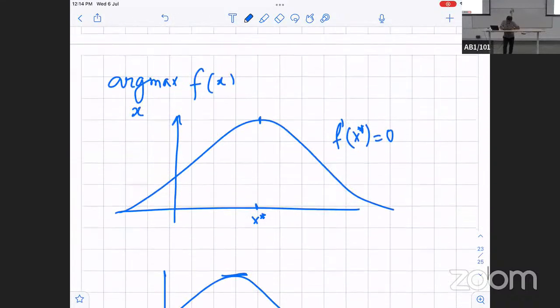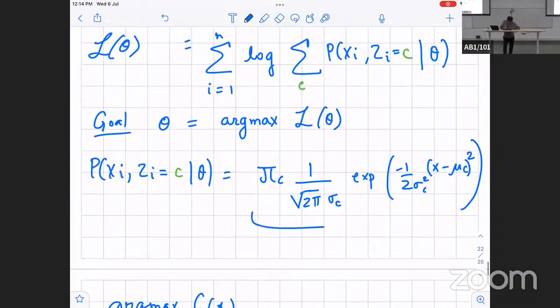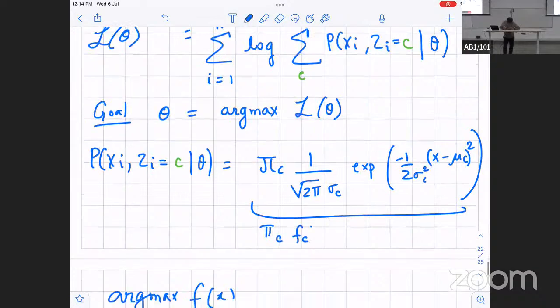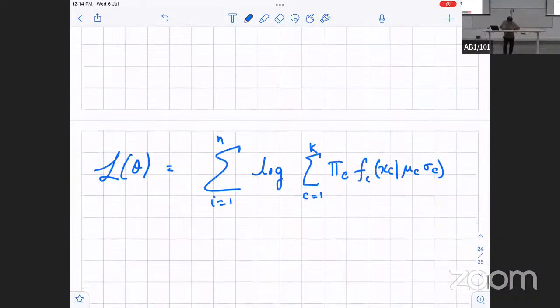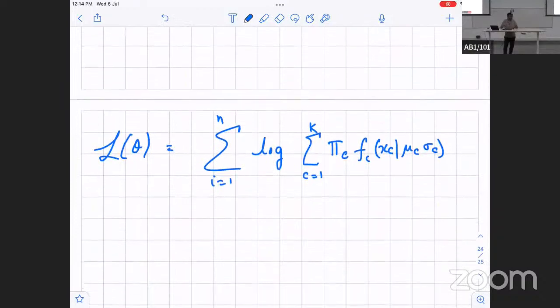What I have done is that this expression I have written as pi c times f c, everything else is the same. So f c of x c, mu c, sigma c is nothing but 1 over square root 2 pi sigma c, e power all that thing. I have written this as a shortcut.